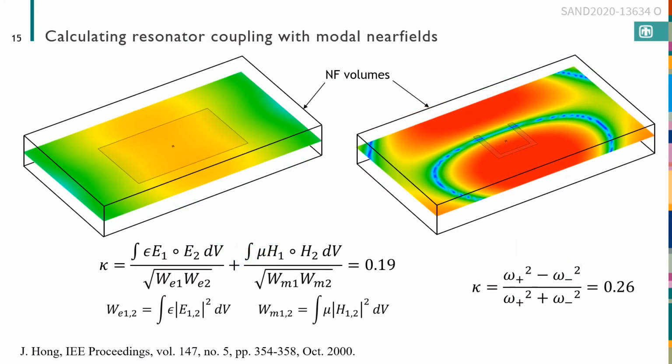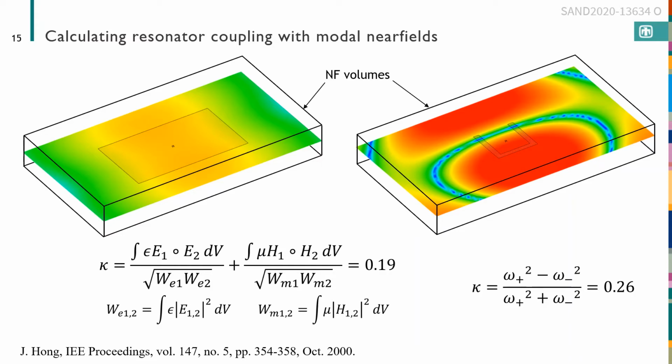Another thing you can do is to calculate the normalized coupling coefficient directly from the modal near fields of the patch without the slot and the slot without the patch. And so I've calculated near fields in this volume I've shown here, and I'm going to run that data into this formula, which is an overlap integral of E and H divided by the modal electric energy and the modal magnetic energy.